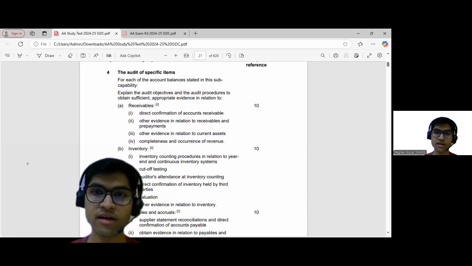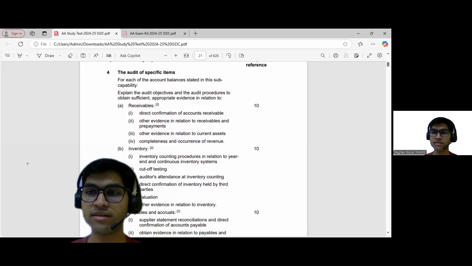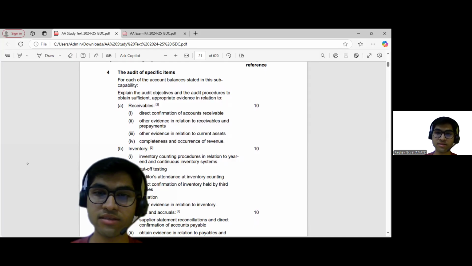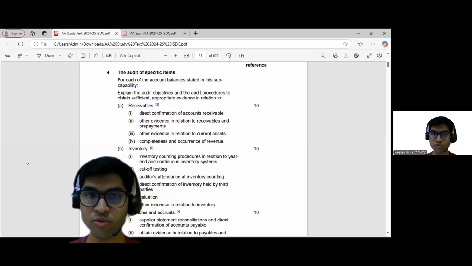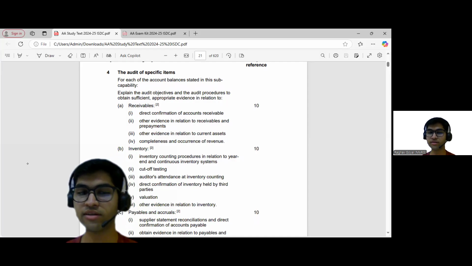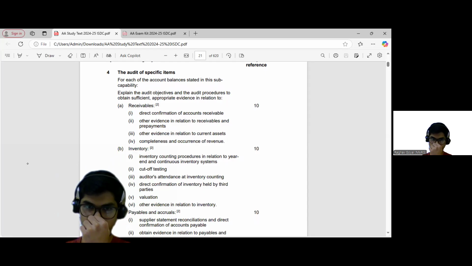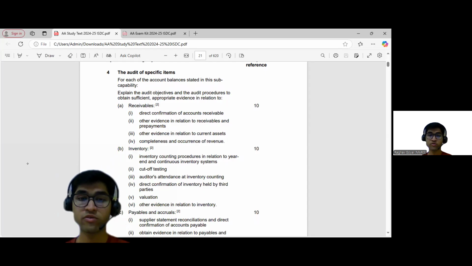Apart from that, there are certain procedures for account balances which are inherently risky. So for example, receivables, you can check whether they tie to revenue and balance properly in the sales books. Then with inventory, you can perform valuation checks on whether the value recorded in the financial statements is correct or not. And you can also perform cutoff testing.